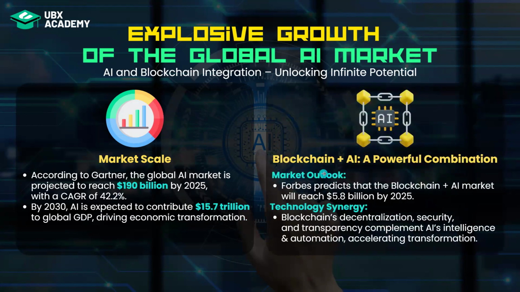Now, blockchain plus AI is a good and powerful combination. Forbes predicts that the blockchain plus AI market will reach 5.8 billion by this year. If you look at these two figures, 5.8 and 190, over 90% at the moment of AI compute power is focused on the traditional way.